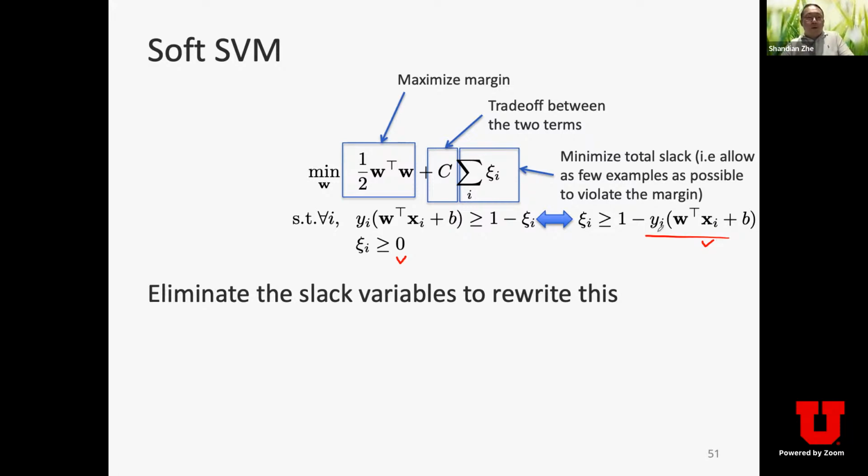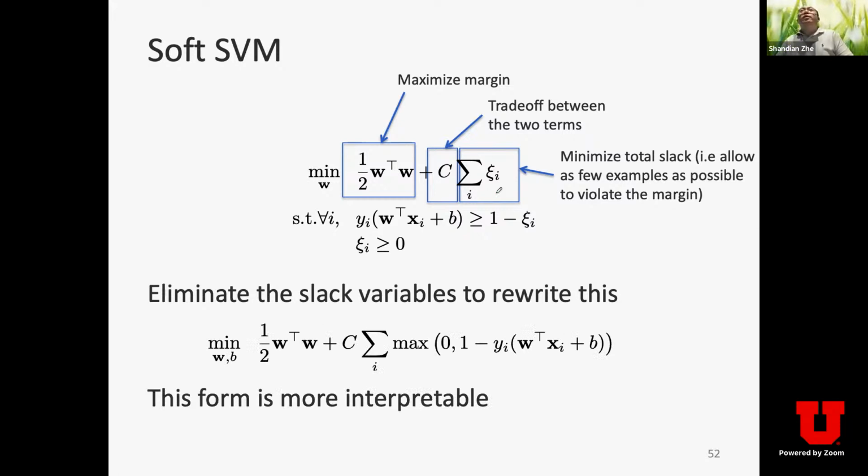Then if you look at the training objective function, the maximize-margin term is solely regarding w, and this term is to minimize the summation of ξi. So why not just choose the minimum value ξi can take? In this way, we can replace ξi by the minimum value it can use. That means we can reduce the training objective into the following form.